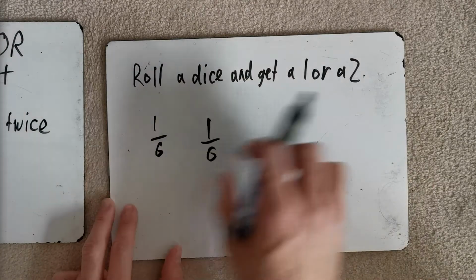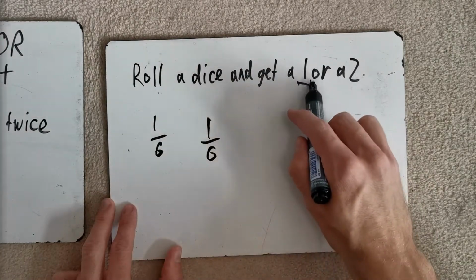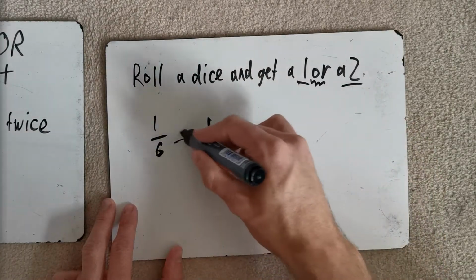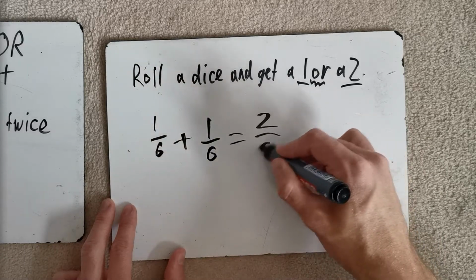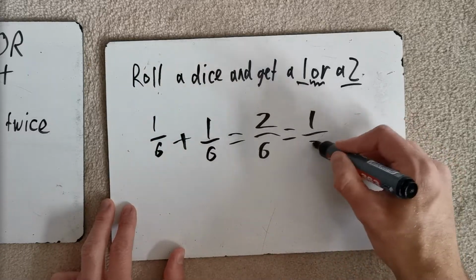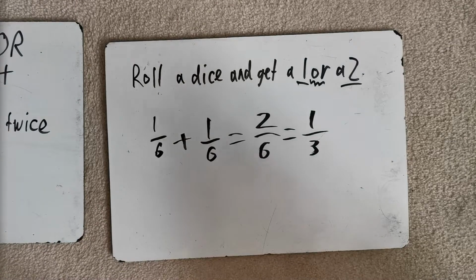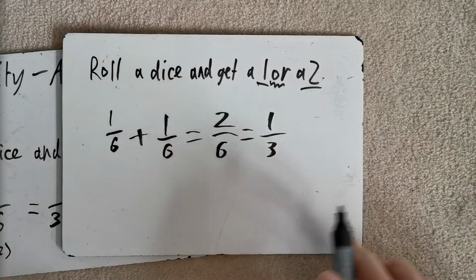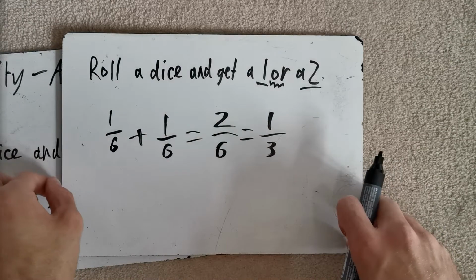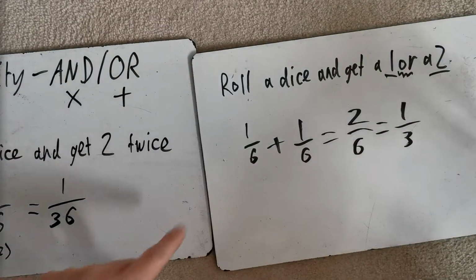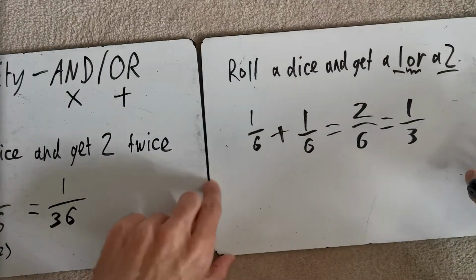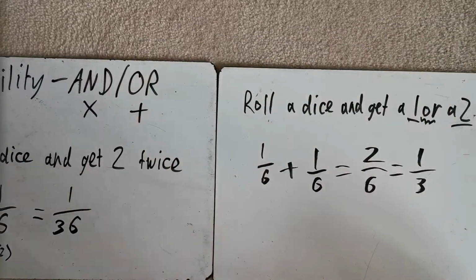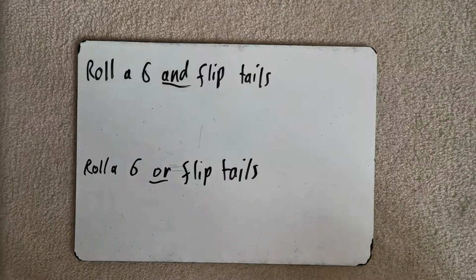Okay, so this rolling a 1 or a 2, you add them together, which is 2/6 or a third. Okay, so this and that would be the AND rule. This or that, OR rule, we add them together. Okay, let me get another example just quick.